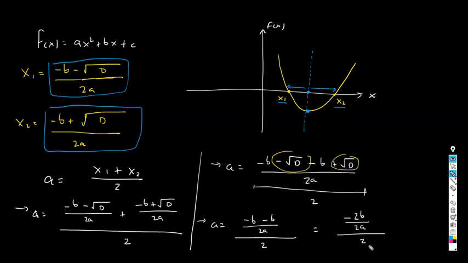All of that over 2, which can be written as 2 over 1. Let's divide this fraction over this fraction, and we're gonna get minus 2b over 4a. And when we simplify this, we get minus b over 2a. And I'm done. This, guys, this is the average between x1 and x2.